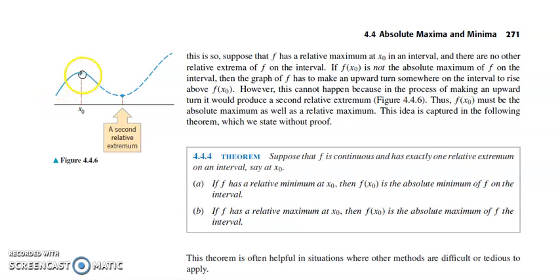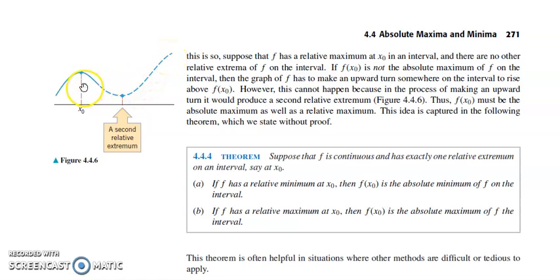Since x0 is a maximum, the function must change from increasing to decreasing, so the function value goes downward. After going down, the function, being continuous, must, for there to be another maximum, reach a value greater than f of x0. So after decreasing, the function must increase.